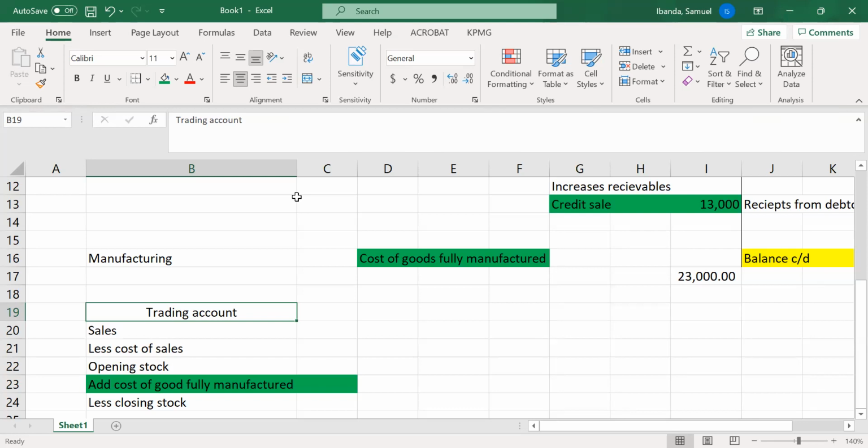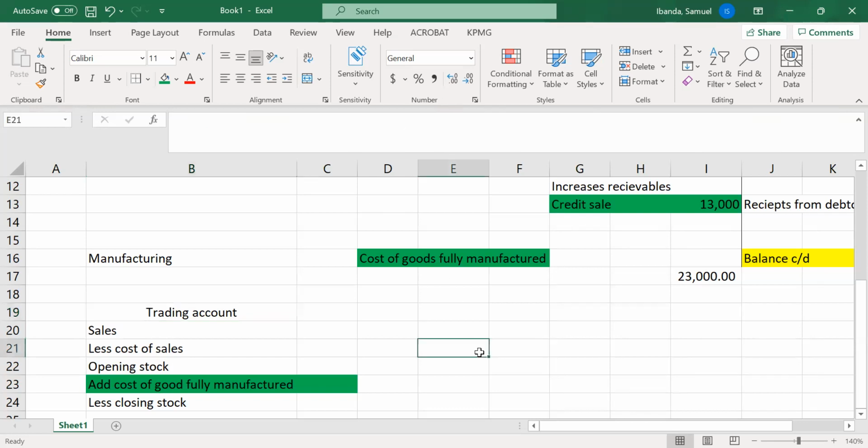They look at it as a profit margin. So they call it transferring goods. They say they transfer goods from the factory at a margin or at a markup.